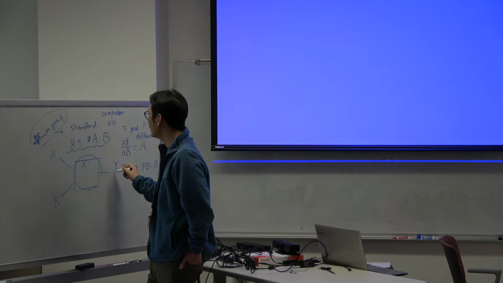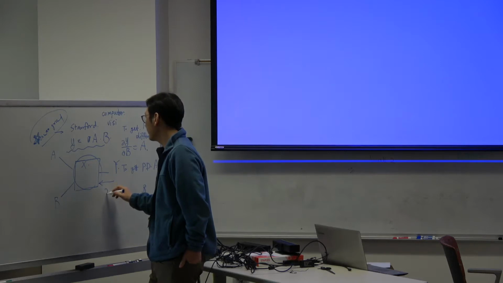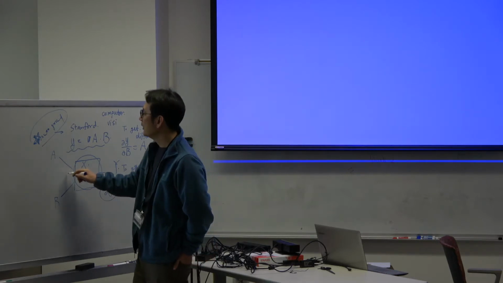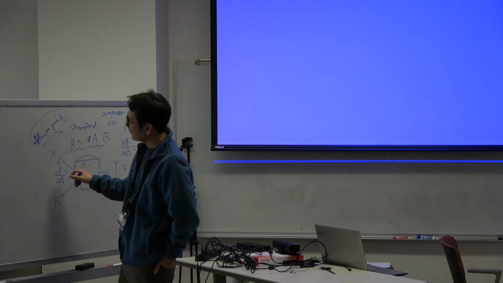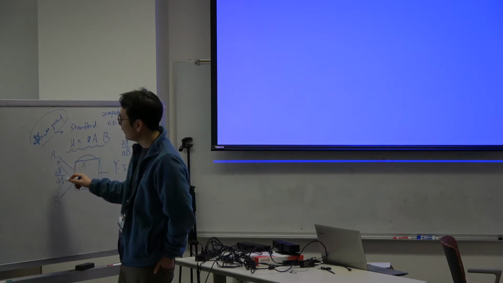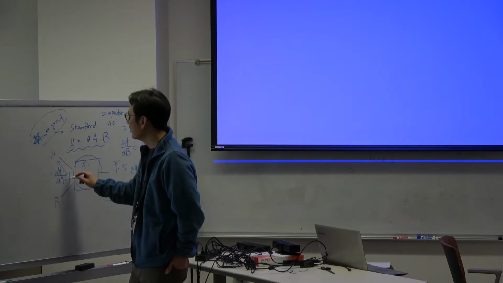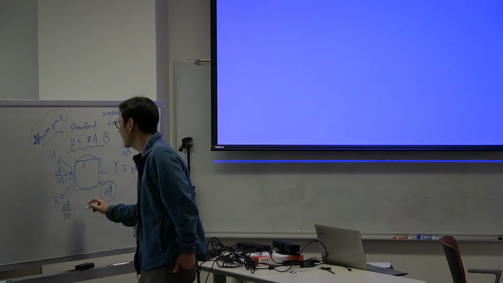So you need to propagate. This is the forward, but the backward is like you get this as an output, and you have to give the partial derivative of y with respect to b, which is this number a, and the partial derivative with respect to a, which is b.